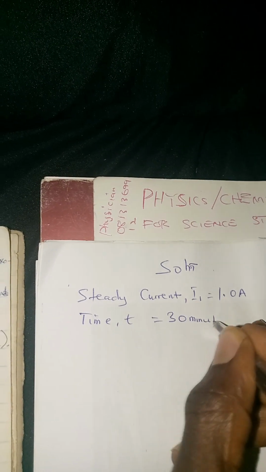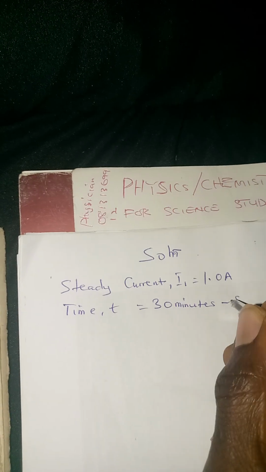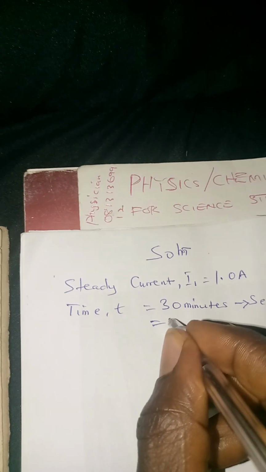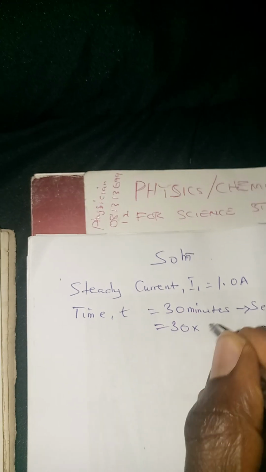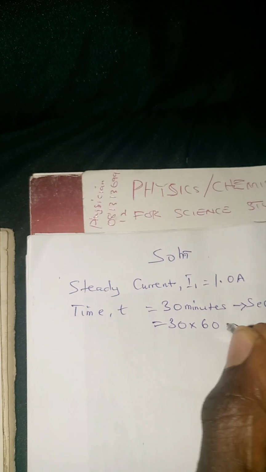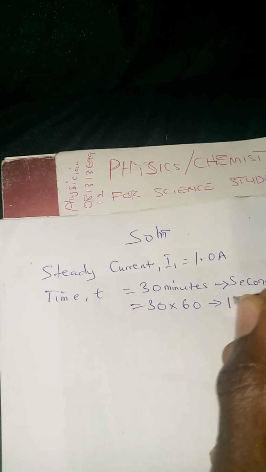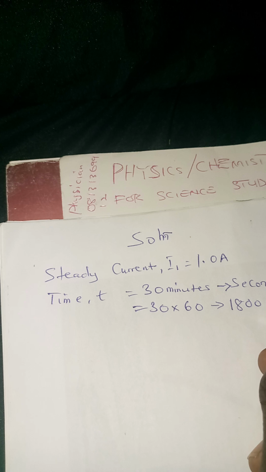When you see a question like this, you have to convert the minutes to seconds to give you the accurate answer. It is 30 times 60, that gives you 1,800 seconds.